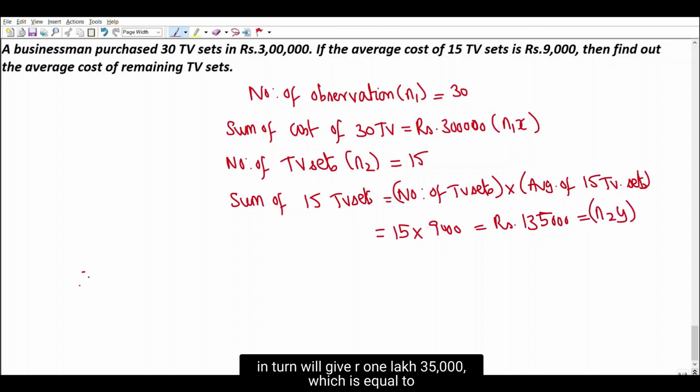Therefore, remaining TV sets is equal to 30 minus 15, which is equal to 15.